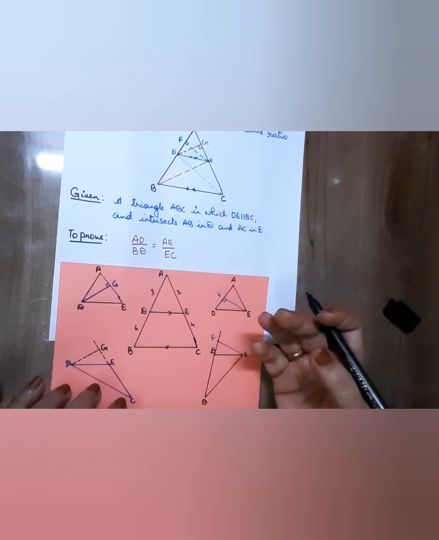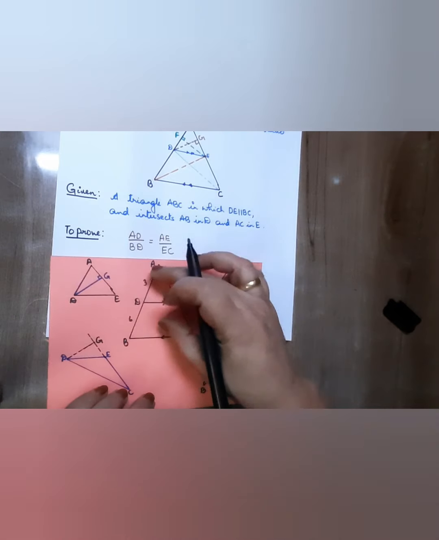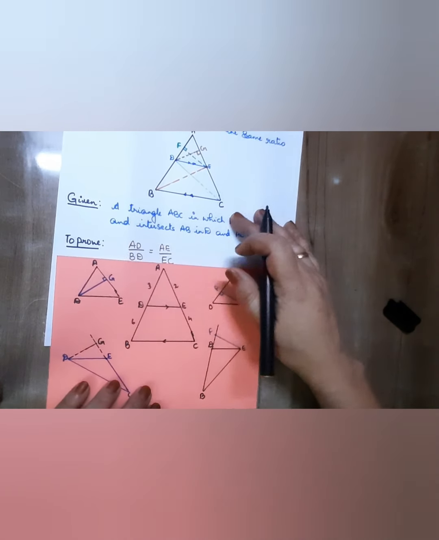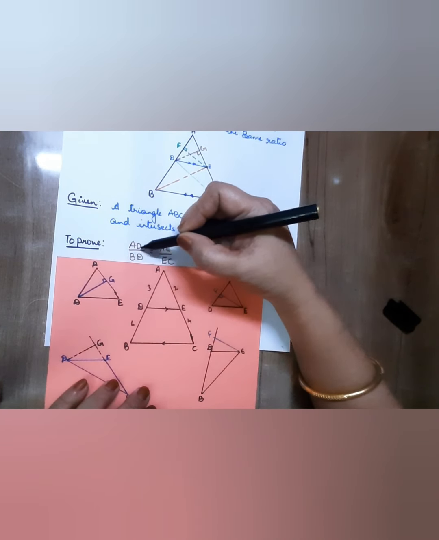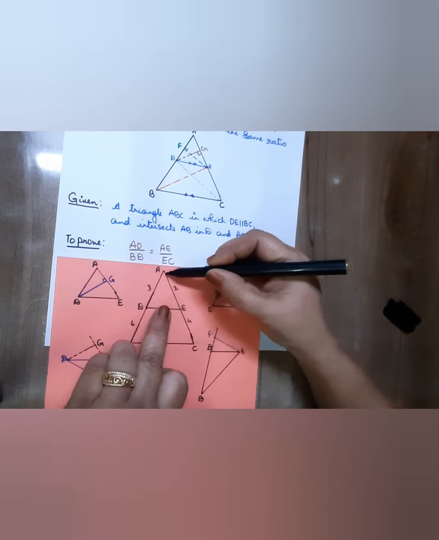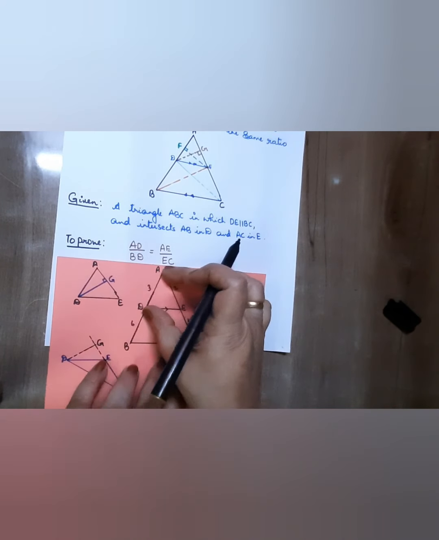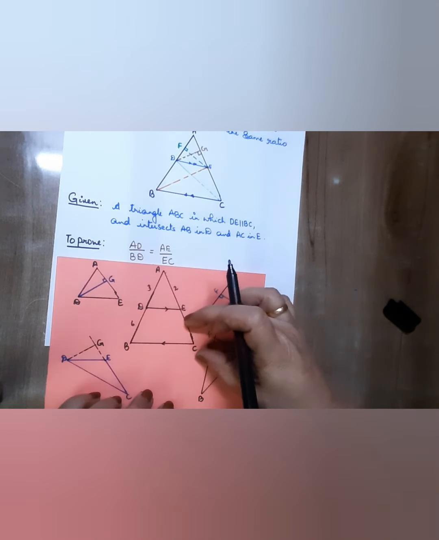As I told you, for area we need half base into height. Now here for this triangle, we need to prove AD by BD, that means AD divided by BD, equal to AE by AC. So we are focusing only on these two sides here.